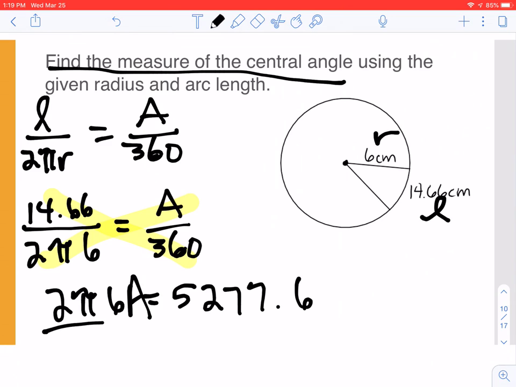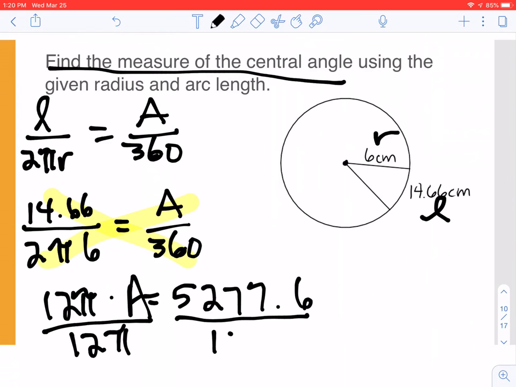Okay, I'm going to divide both sides by, this is really 12 pi. Here's what I'm going to do. I'm going to erase the 2, erase the 6, and I am going to write 12 pi here, not to confuse you. Because 2 times pi times 6 is 12 pi. So I'm going to divide both sides by 12 pi.